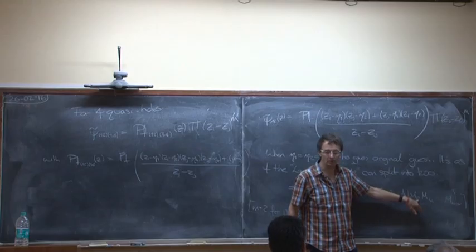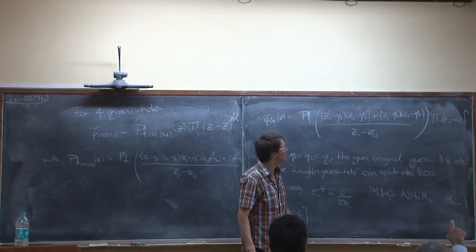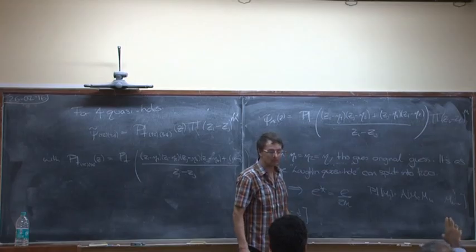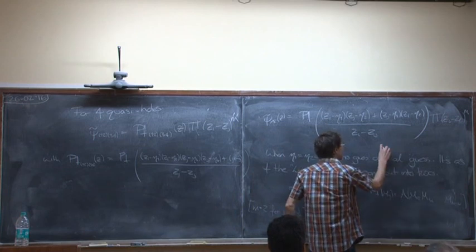It looks like it doesn't pick up a phase, because the numerator doesn't vanish when Z1 equals Z2. And the denominator has a degree, the Z_i minus Z_j to the power n, because n is 2.